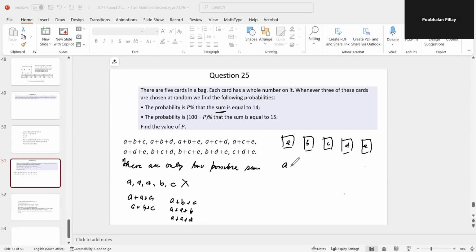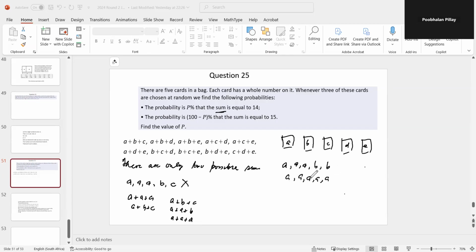So you could have had 3 A's, you could have B and B. So it's quite possible that you could have only 2 different numbers. But in this case here, you'll have that one of the sums, or you could have had only one number, A, right?